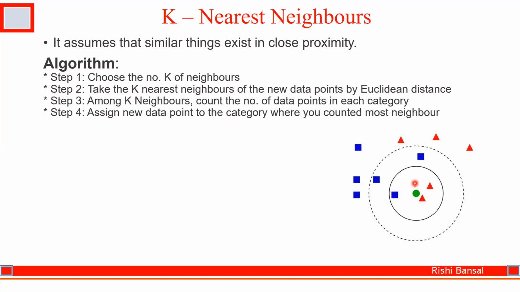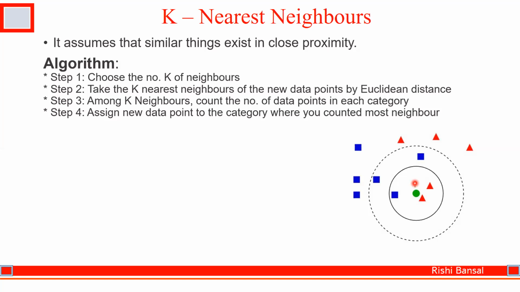So it is like, wherever I am living, I will consider 3 neighbors. Out of those 3 neighbors you need to decide whether you are going to play football or cricket. If 2 play cricket and 1 plays football, you will say the majority is going to play cricket, so I'm going to play cricket only.